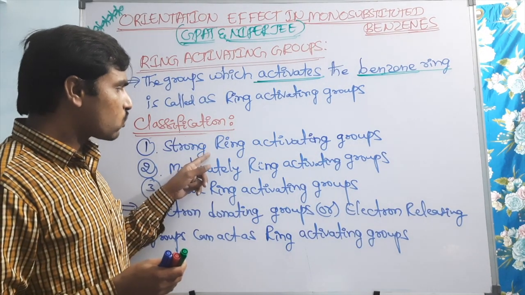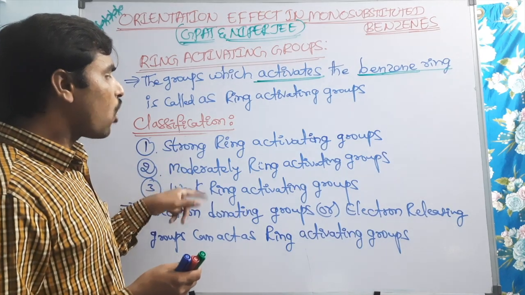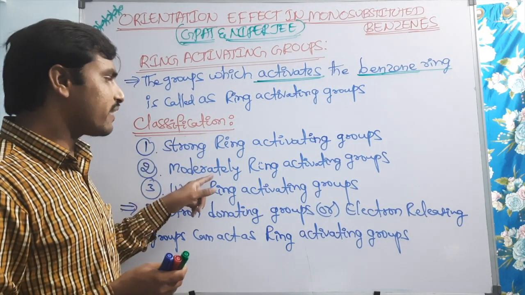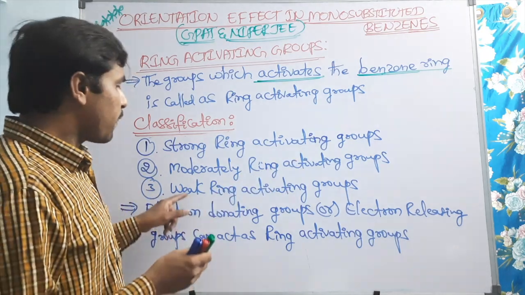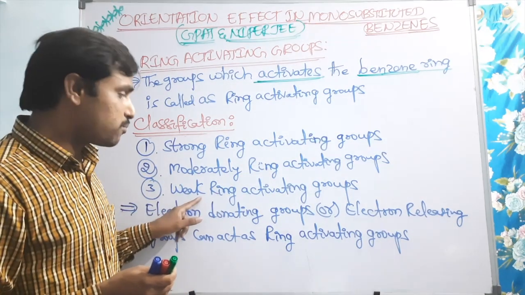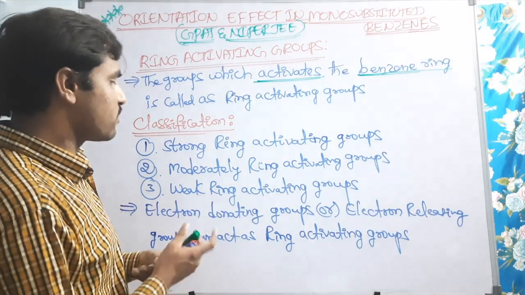Strong electron donating groups can act as strong ring activating groups. Moderate electron donating groups can act as moderate ring activating groups. Weak electron donating groups can act as weak ring activating groups. That is the thing.